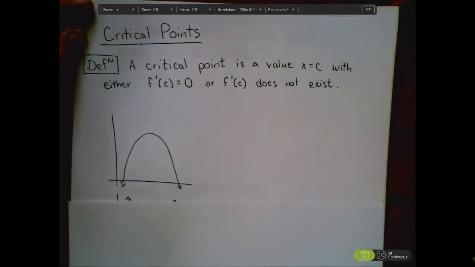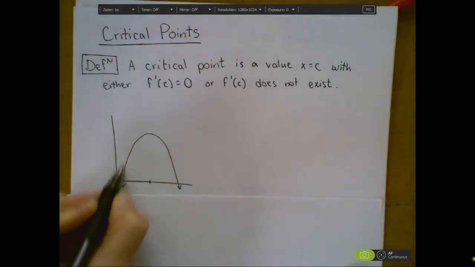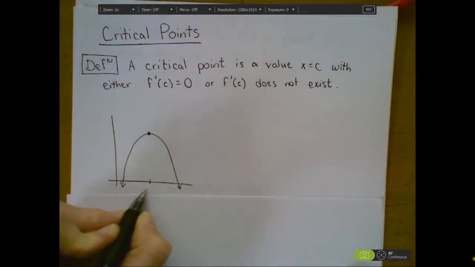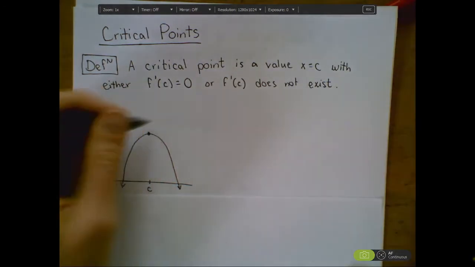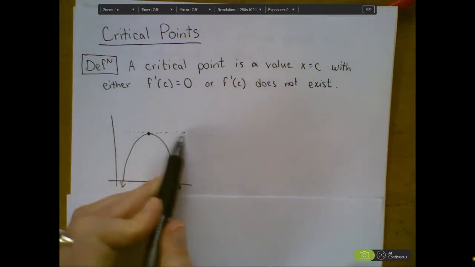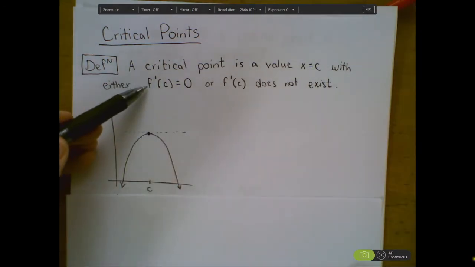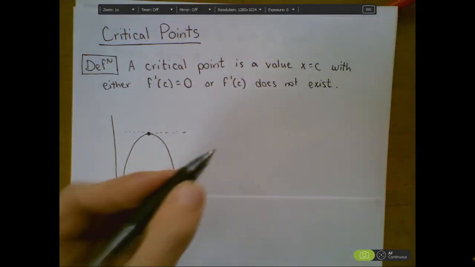Here we have a nice sloping function, and we see that our derivative is equal to 0 at this point. And so in this case, c is a critical point because our tangent line is horizontal, our derivative is equal to 0. And this is an example of a critical point that is a max.